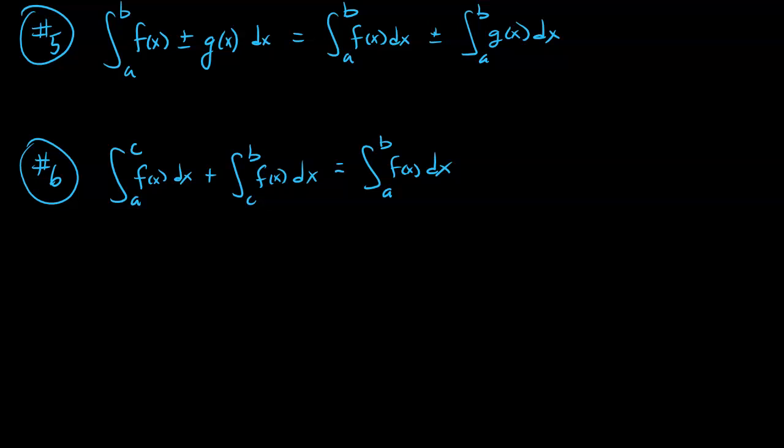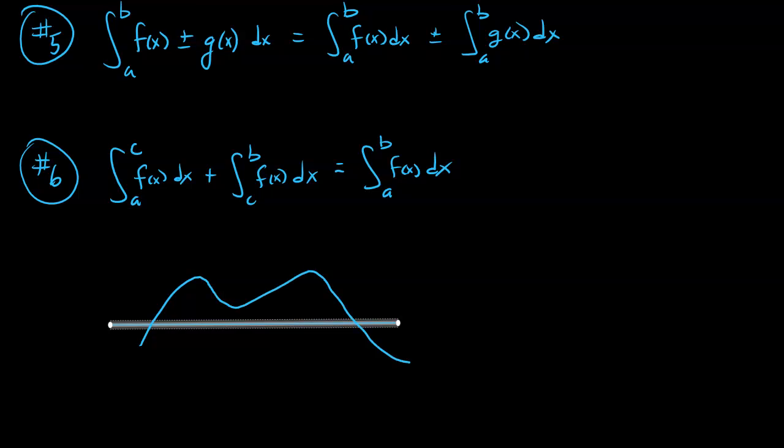What the sixth property is saying is that if you are evaluating from A to C and from C to B, that it's equal to the integral from A to B. Basically, if you have two adjacent sections, you can evaluate them as one.